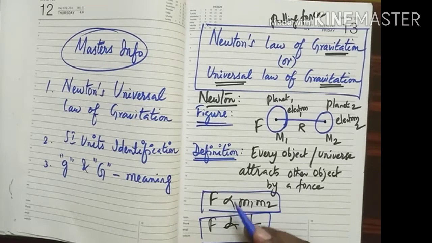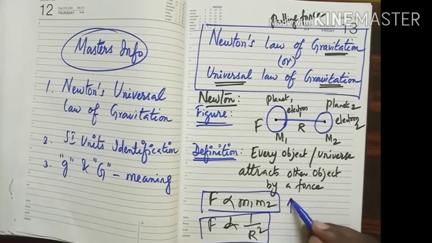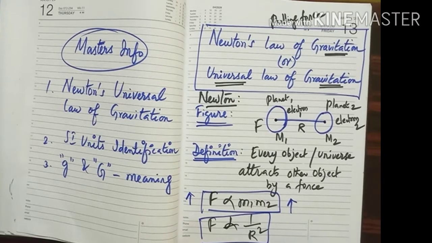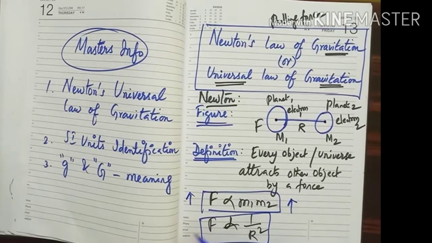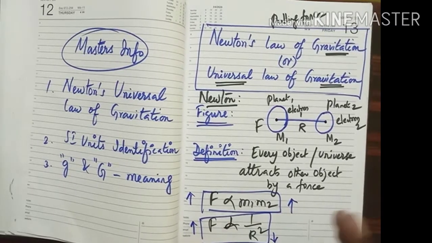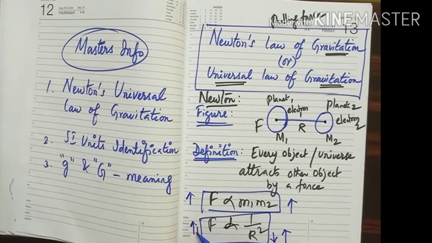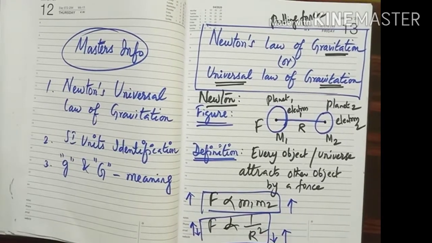Directly proportional means if the masses increase, the force will also increase. Inversely proportional means if the distance increases, the force will be very less, and if the distance decreases, the force increases. This is the meaning of directly and inversely proportional.